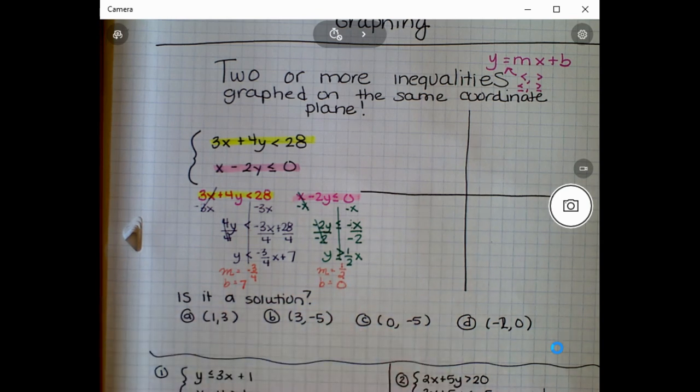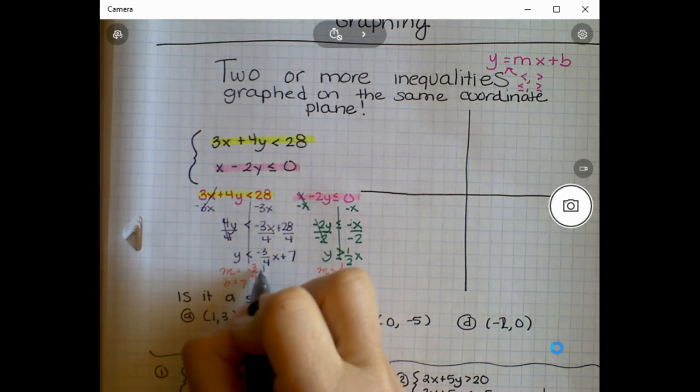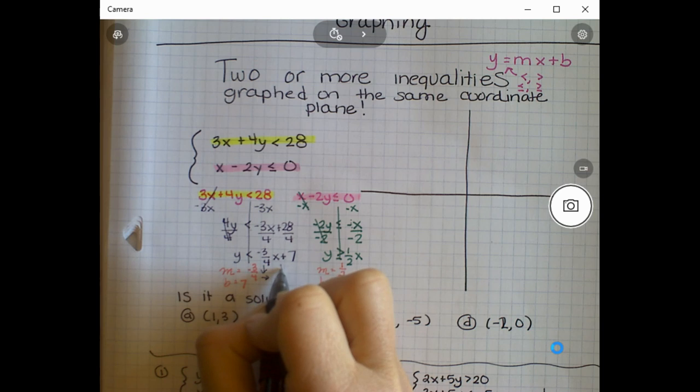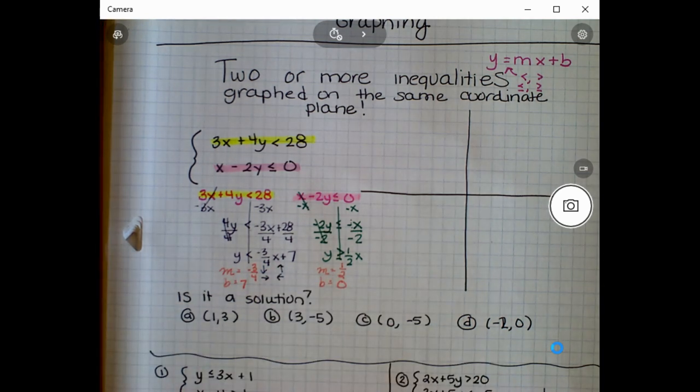All right, and again, another reminder, because these videos are for review, remember that negative 3 over 4 means down 3 to the right 4, or you could also go up 3 or backwards 4, depending on what you have room for.